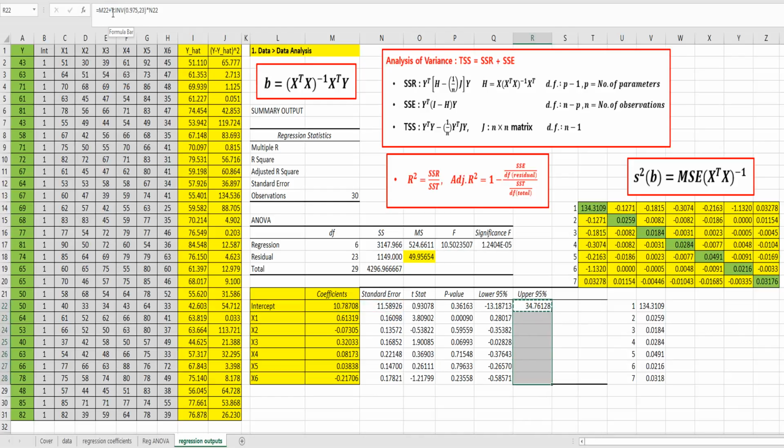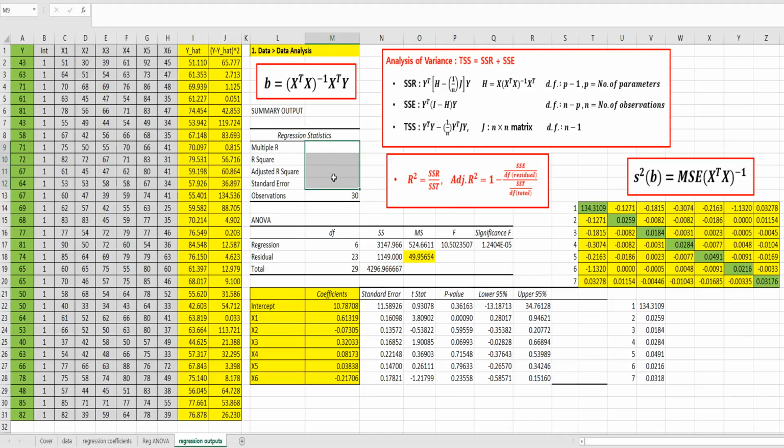Right. Excel actually provides 2 additional columns, but it's the same as this one. Anyway, this is the regression coefficients related statistics. So standard error, t statistic, p-value, and lower bound and upper bound for coefficients.